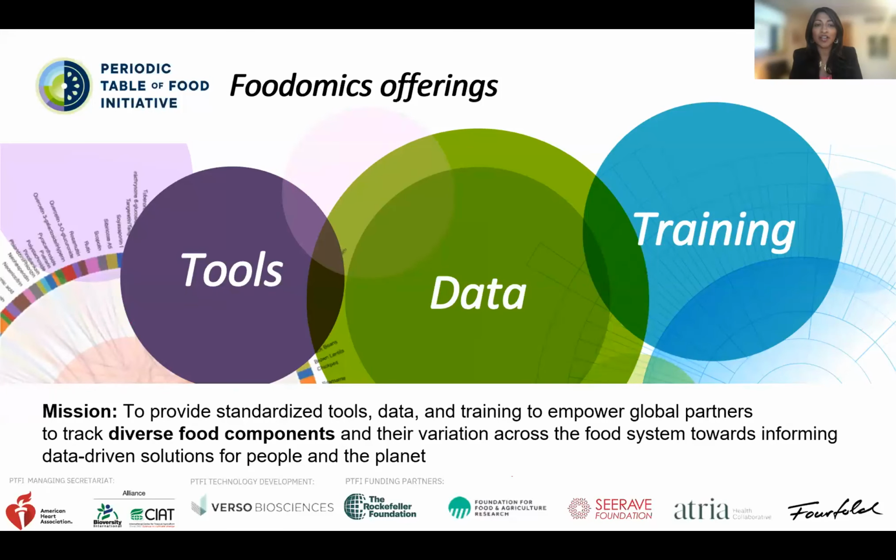And so this is what the Periodic Table of Food Initiative is trying to do, to provide standardized tools to really profile all of the components of the planet's edible biodiversity, make this data from these tools accessible in an open access data platform, and then provide training through our educational platform, which we'll be hearing about today, Food EDU, to really see how we can translate this data to drive evidence-based solutions across the food system. And the Periodic Table of Food Initiative is managed by the American Heart Association, where I am based, as well as the Alliance of Biodiversity in SEAT.